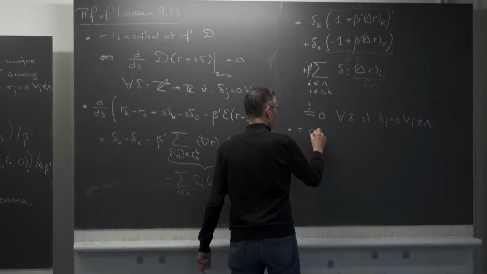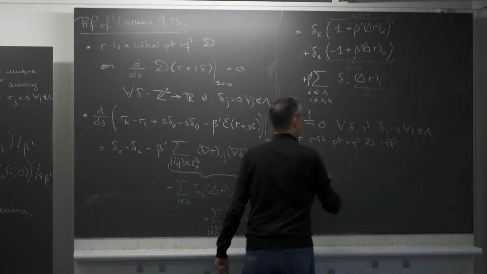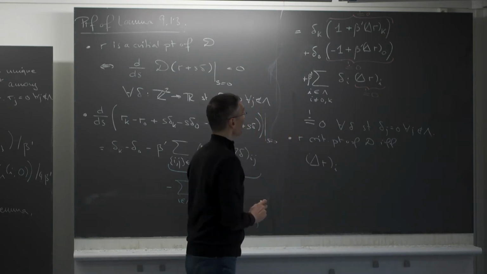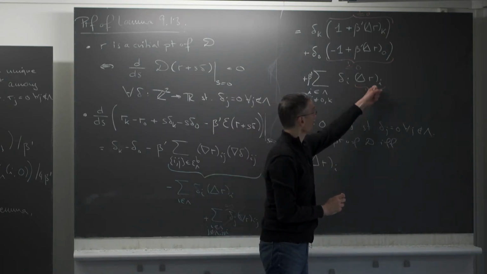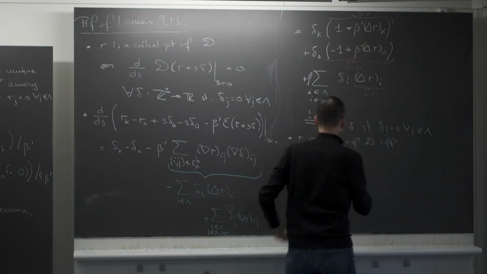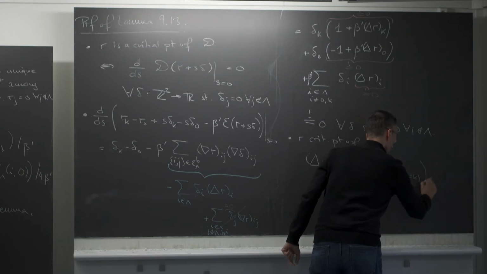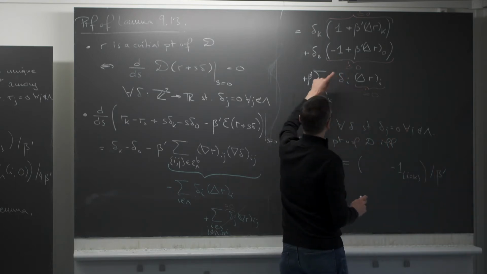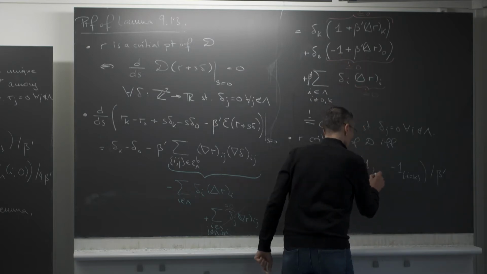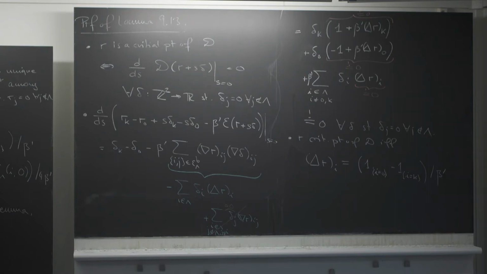So R is a critical point of D, if and only if we have that Laplacian R at I is 0 if I is different from 0 and k. It has to be equal to minus 1 over beta prime if I is equal to k. So this will be minus the indicator that I is equal to k divided by beta prime. And if I is equal to 0, we get that it has to be equal to plus 1 over beta prime. So I get the indicator that I is equal to 0. Okay, so that should match what I claimed here.